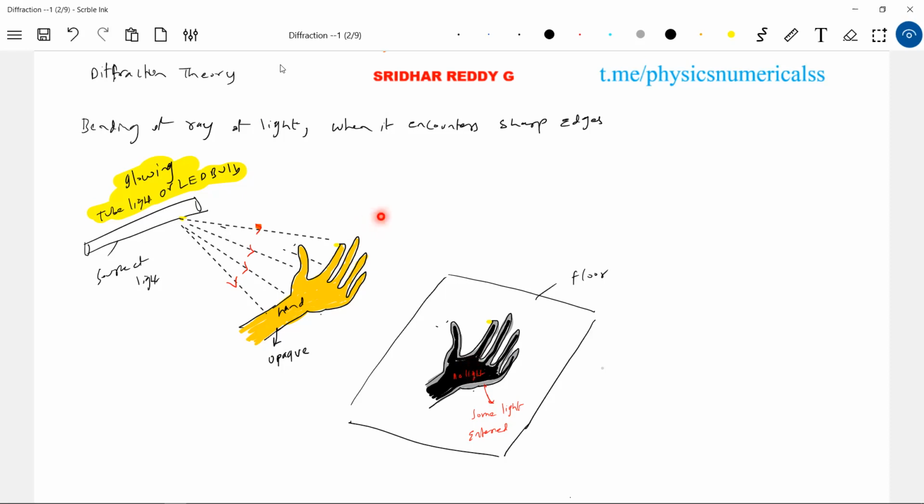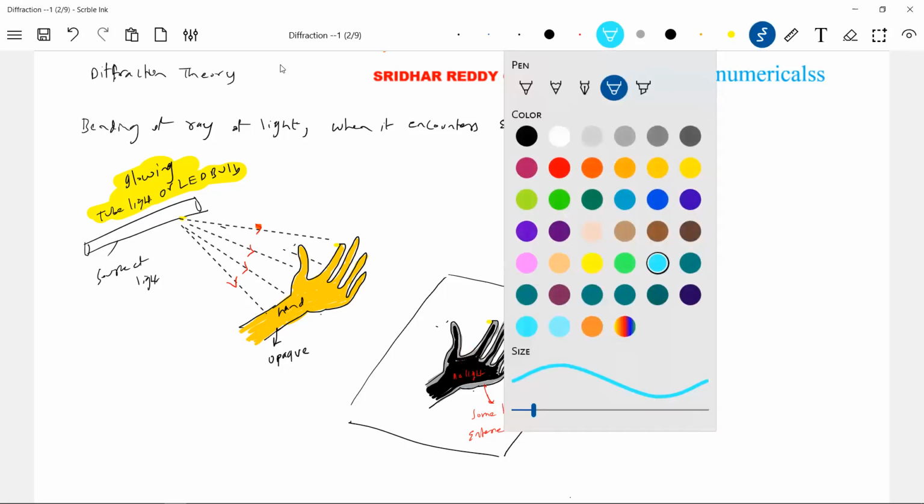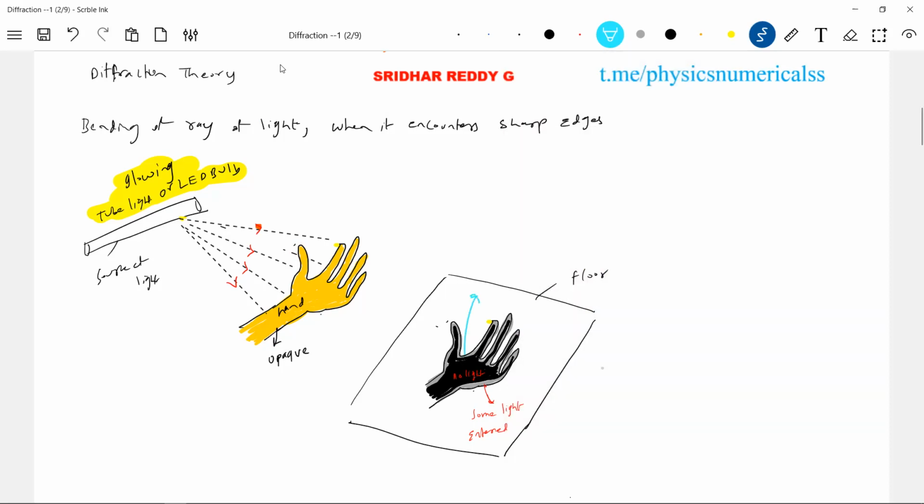I think everyone can experience this, not only with your arm. Stand in sunlight and try to look at your shadow. In the middle region you can see it is completely dark, with a total absence of light. Here there is some presence of light. What about here?